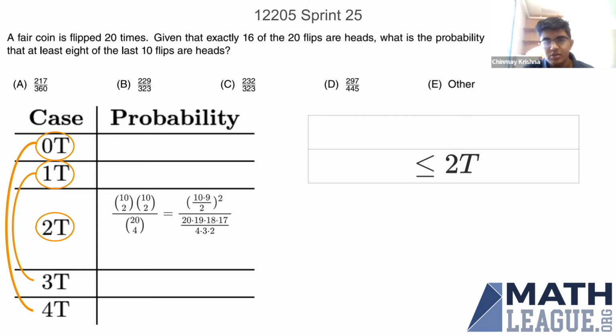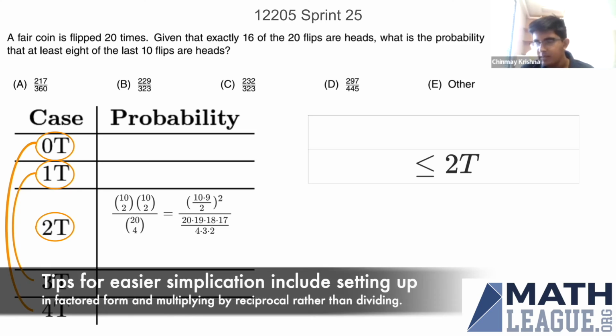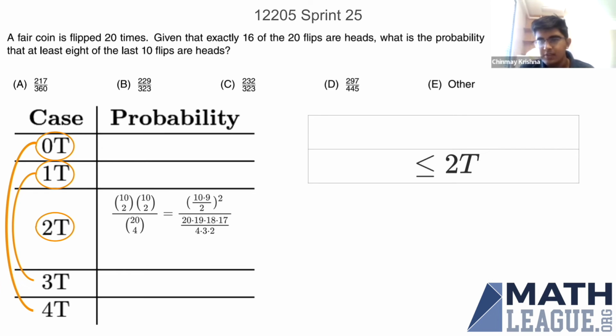So that'd be 10 choose 2 times 10 choose 2. So now we have a fraction representing the probability that there's 2 tails, or in other words, 8 of the last 10 flips are heads. When we simplify the fractions, we end up getting 135 divided by 323.